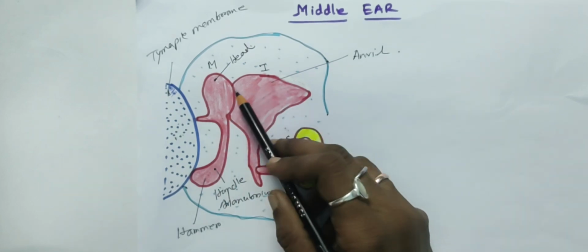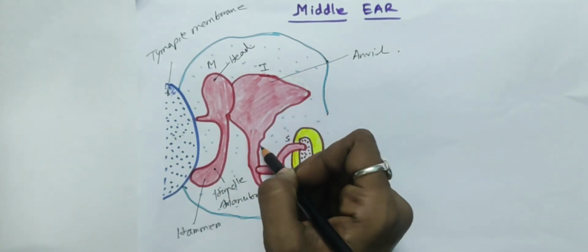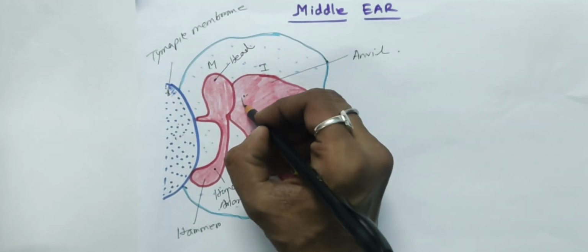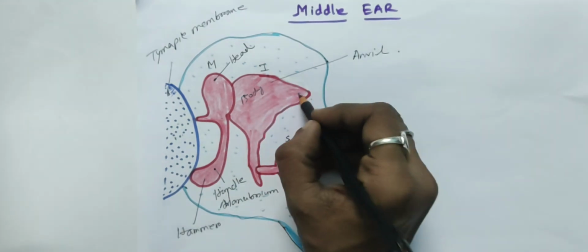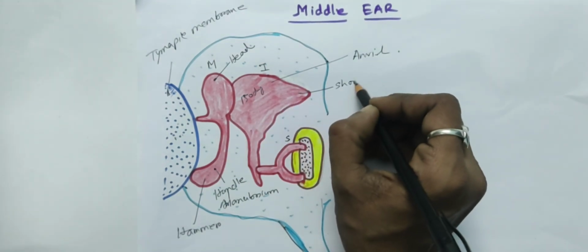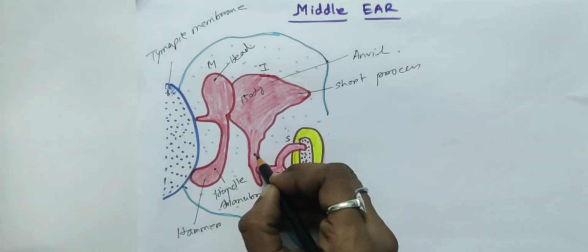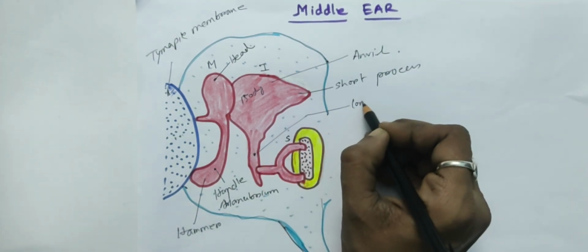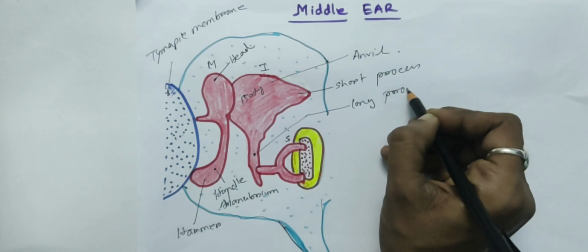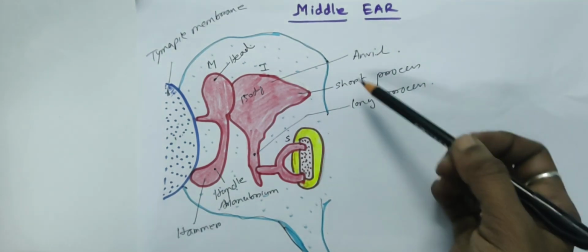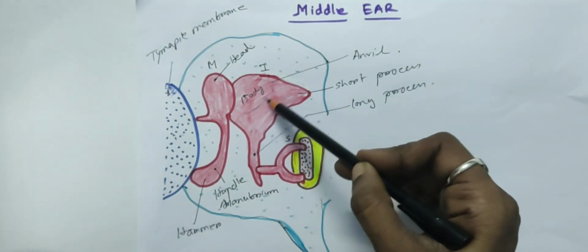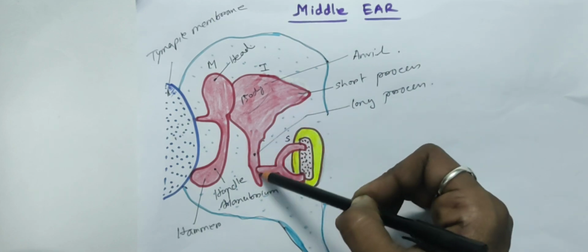The incus has three parts. This is the body, this is the short process, and this is the long process.